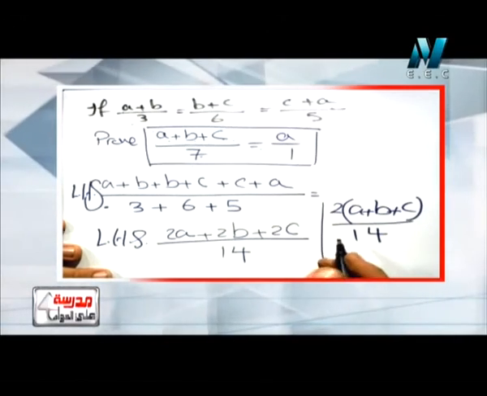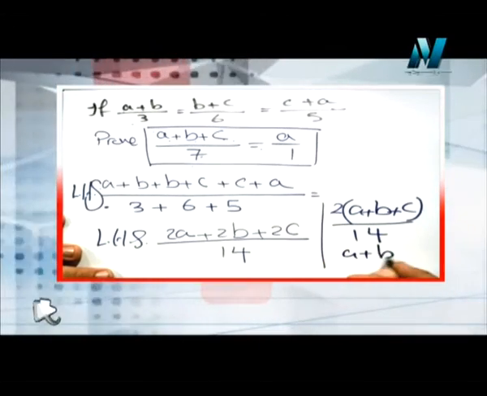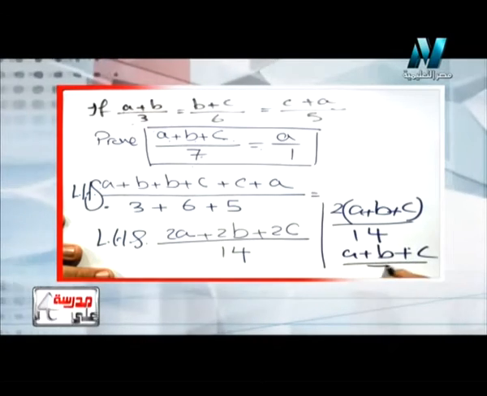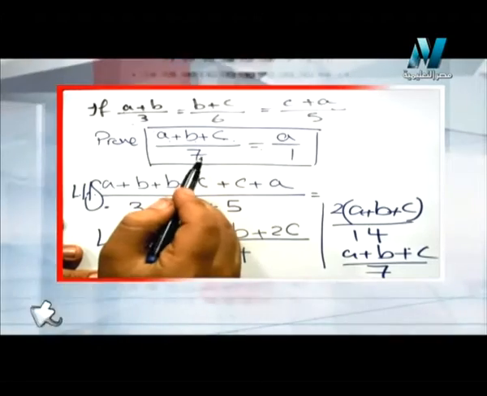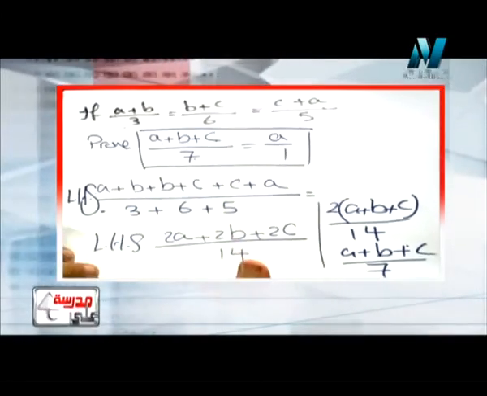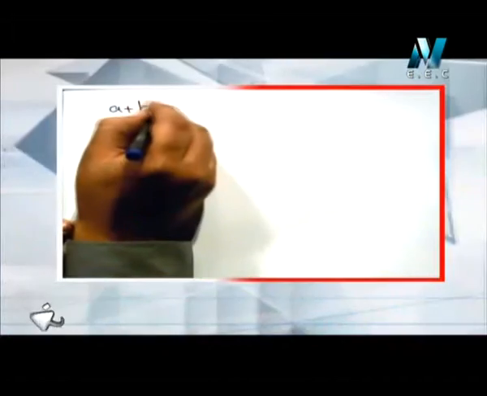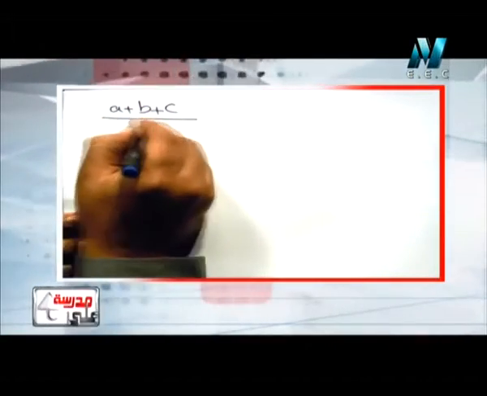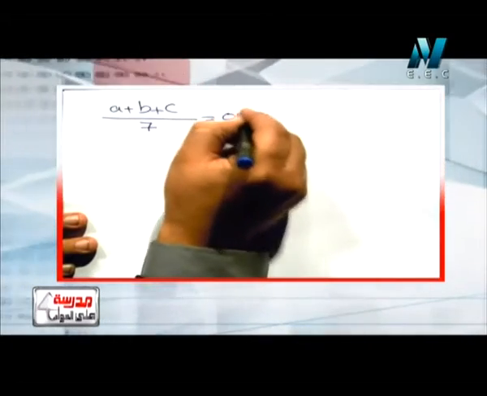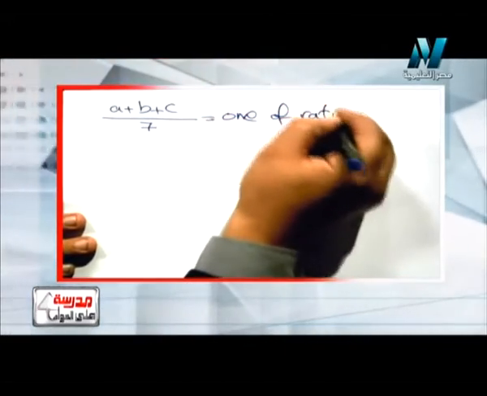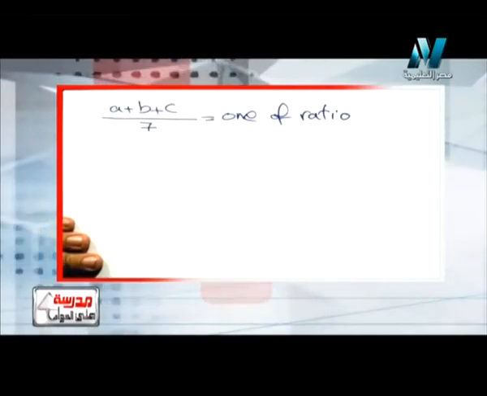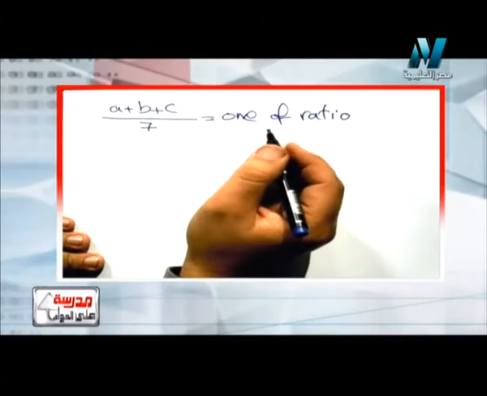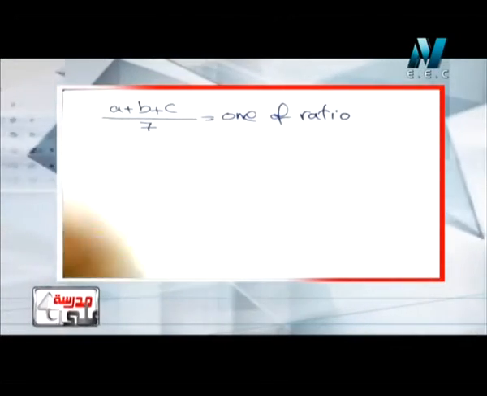Simplifying, so a plus b plus c over 7, this equals one of the ratios, and this is what we have here for the right-hand side. So we got for the right-hand side, a plus b plus c over 7 equals one of the ratios. We had a new ratio equal to the ratios which are written in the given. For the right-hand side, I'm going to use another color.